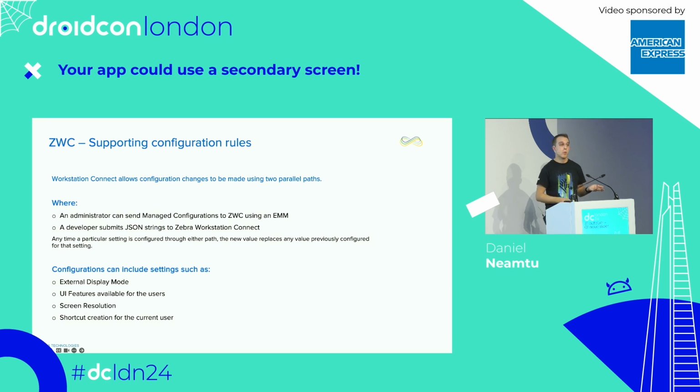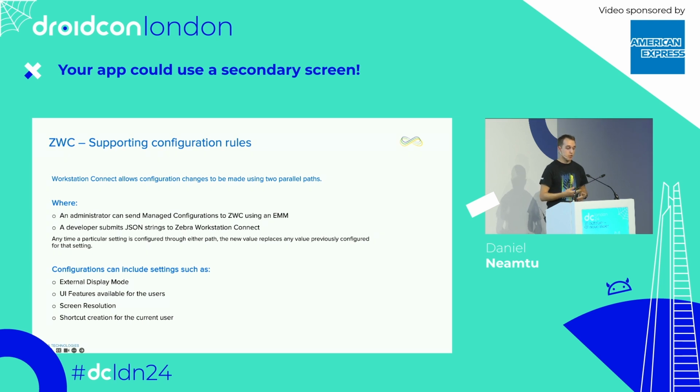When we're talking about parameters in this case, we can talk about specific settings like how the external display mode can be set. We can set whether the display needs to mirror the original display, or whether we just want to extend the first screen over the second one.